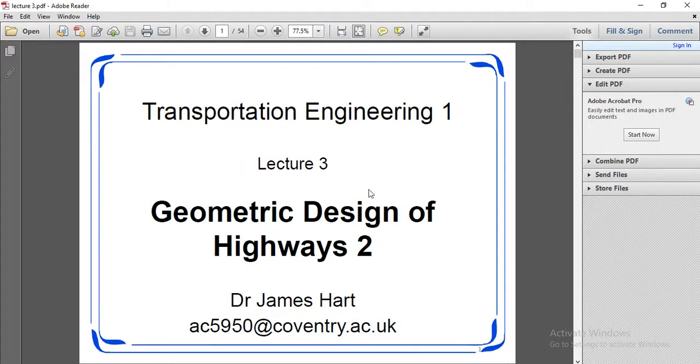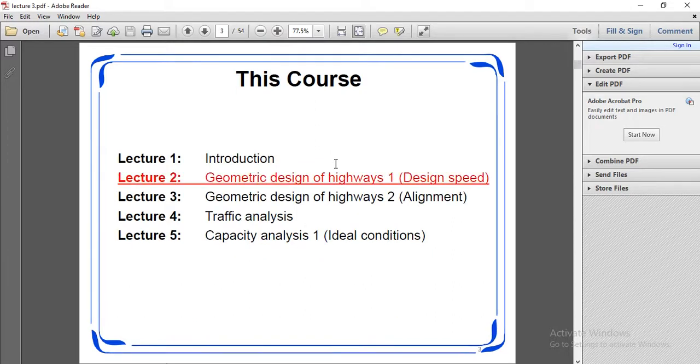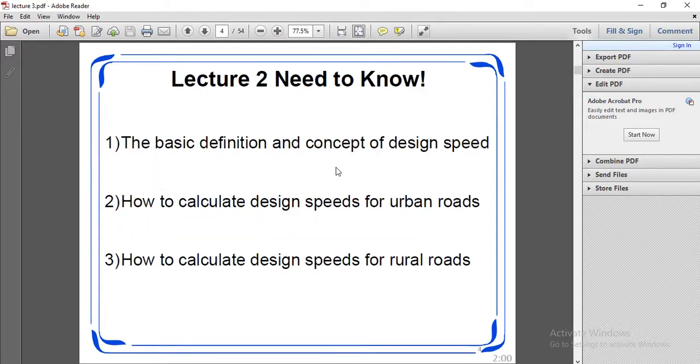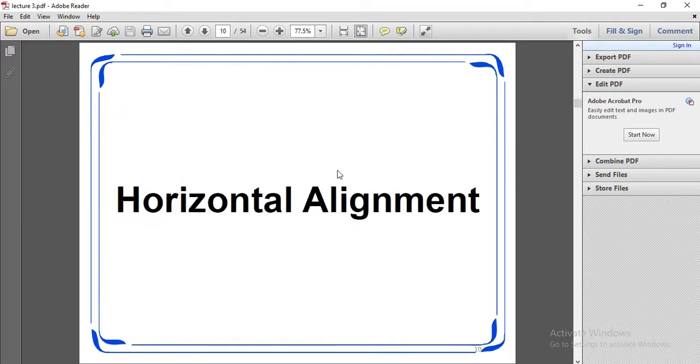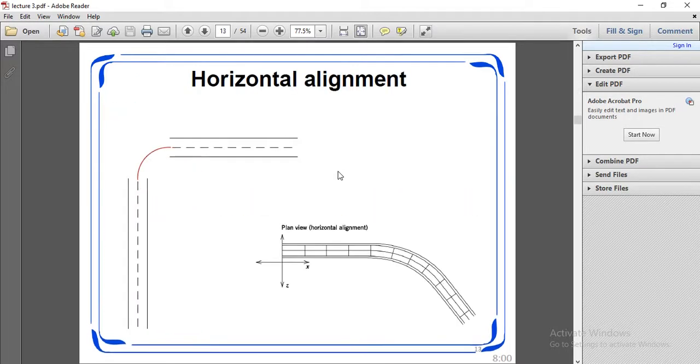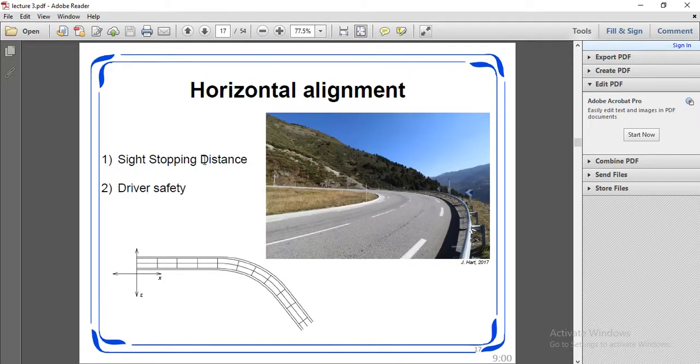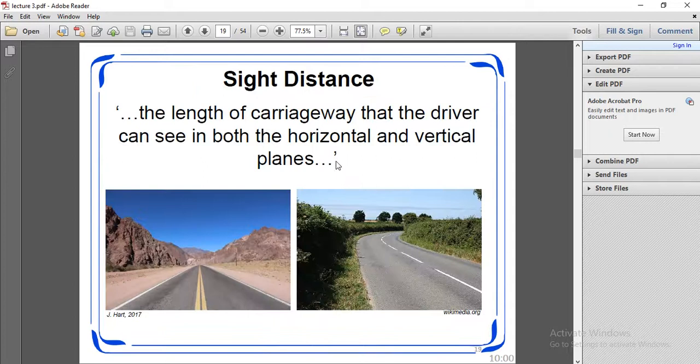Sight distance and sight stopping distance, we are referring to lecture 3. Sight distance, stopping distance, here it is.